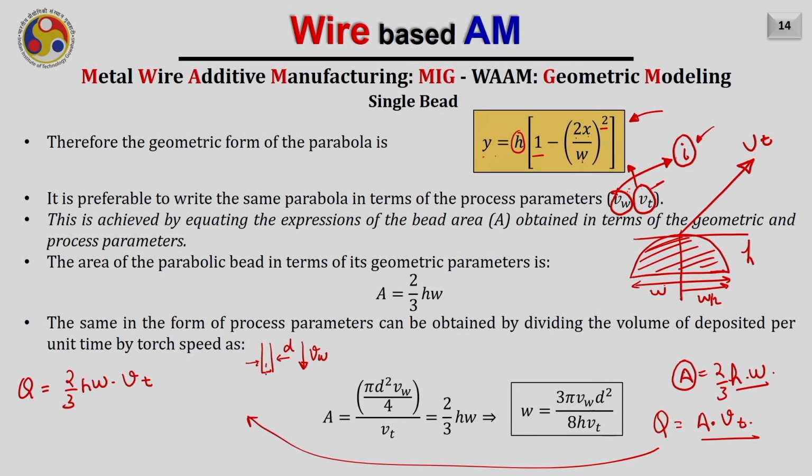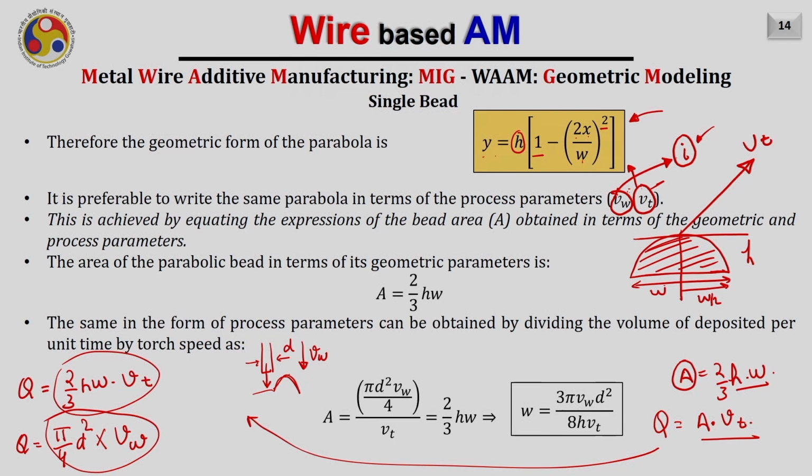So the volume rate of the wire input into the molten pool will be, I am writing here, Q equals the cross-section area of the wire, that is pi by 4 d square, multiplied by the velocity of the wire, that is Vw. Now both these values should be equal, because the volume flow rate coming towards the molten pool and the volume flow rate corresponding to the deposition of the bead should be equal.